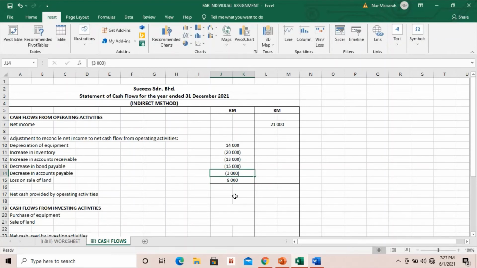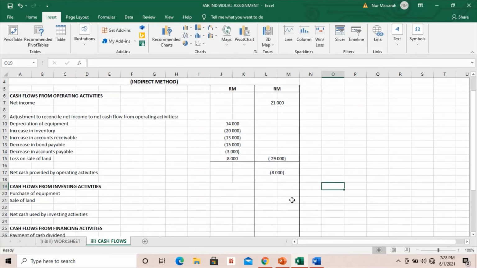And then we total up the adjustments, we will get 29,000. And then we total up the net income and the total adjustments of operating activities, we will get negative 8,000.